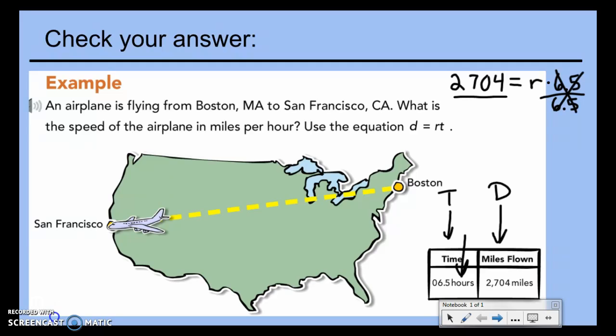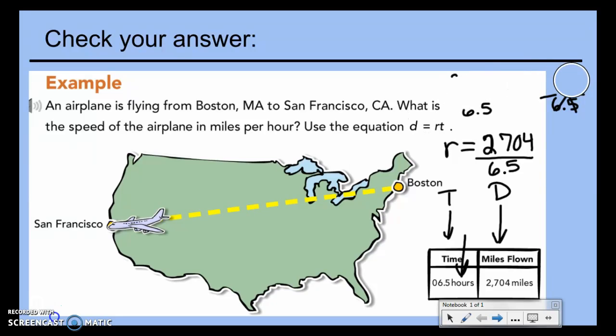Now you have to do the same thing over here, because whatever you do to one side in math, you have to do to the other side. So your answer is rate equals 27.04 divided by 6.5.